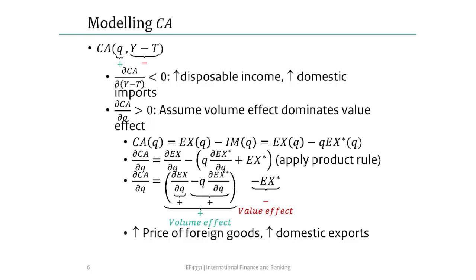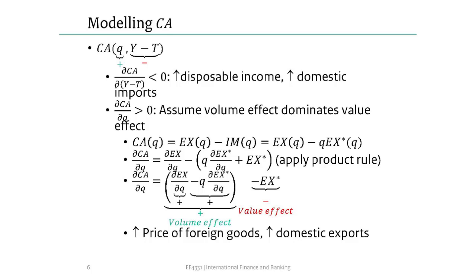All right. So perhaps I can summarize again, okay? The point of this slide is to revisit the idea of volume and value effect and give you the precise mathematical structure of why there is ambiguity in the way Q influences the current account.